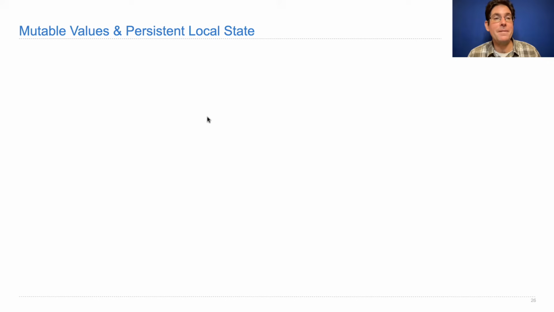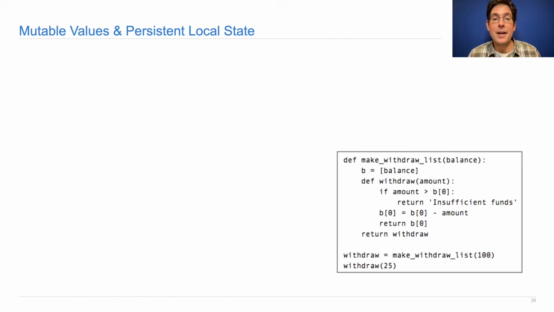So how do we achieve persistent local state, meaning that there's a balance associated with the withdraw function that persists across multiple calls to withdraw? So if I call it multiple times, I'm accumulating information. Well, I do it with a mutable value.